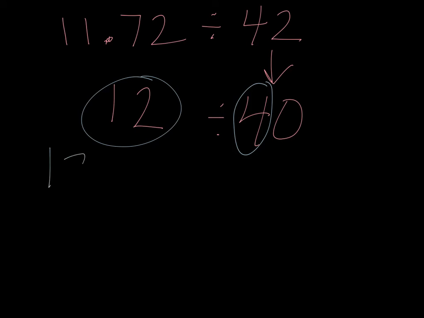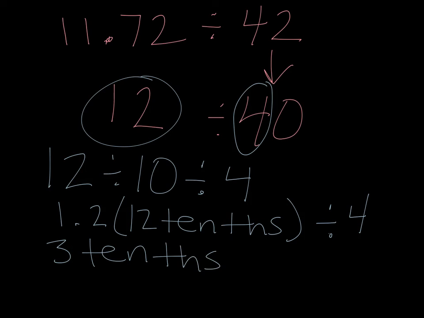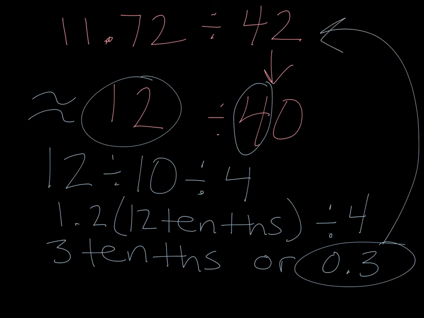In this problem here, I'm going to use my knowledge of dividing by multiples of 10 to break up the 40 into 10 and 4. 12 divided by 10 is 1.2 or 12 tenths, divided by 4. 12 tenths divided by 4 is 3 tenths, or 0.3. So my estimate, my answer to 11 72 hundredths divided by 42 is 3 tenths.